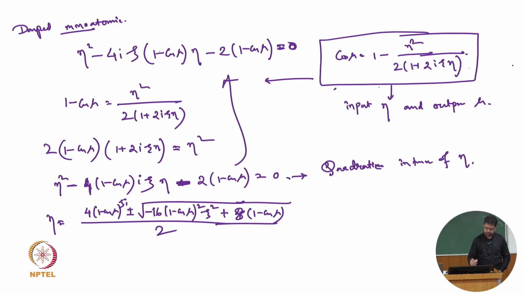This way we get two different values of eta. Needless to say, eta is a complex number, because a complex number is already present here: we have a term like 4 into (1 minus cos mu) into zeta with i. That complex number is always residing there, so our eta will be complex.